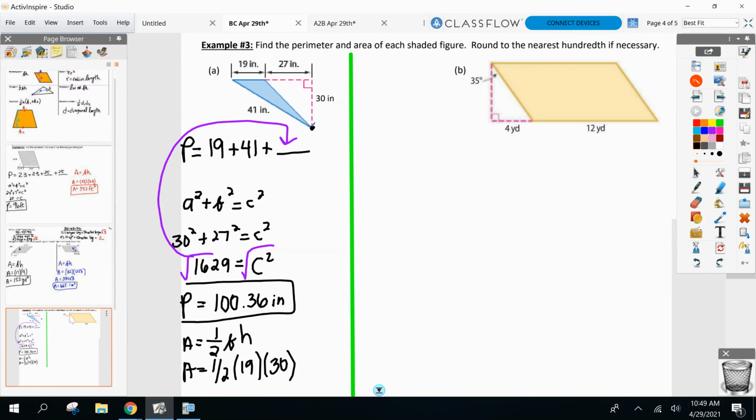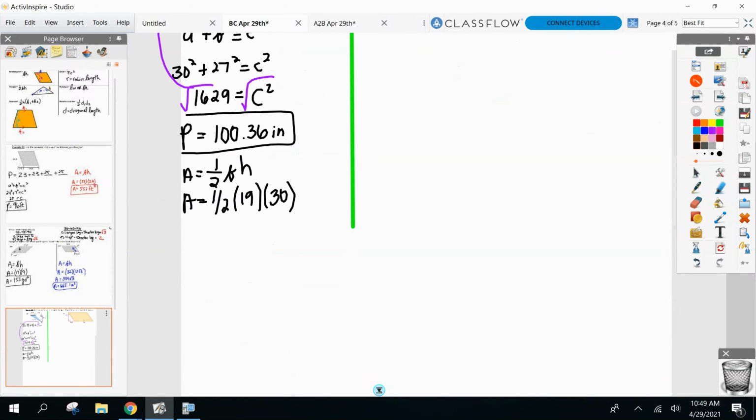Remember, vertex perpendicular to the opposite side, which would be 19 here. So it's whichever side is perpendicular. Yes, correct. Remember, the height has to come from a vertex. 285. Look good? Square inches. Units, units, units.